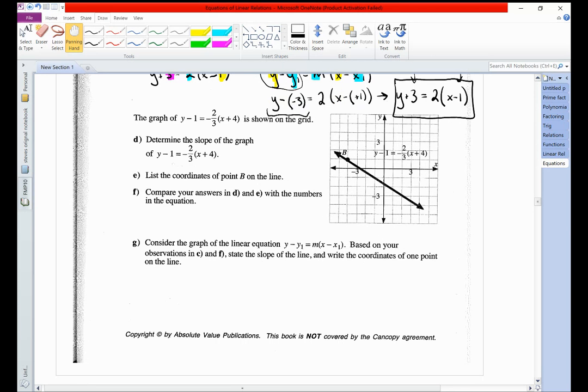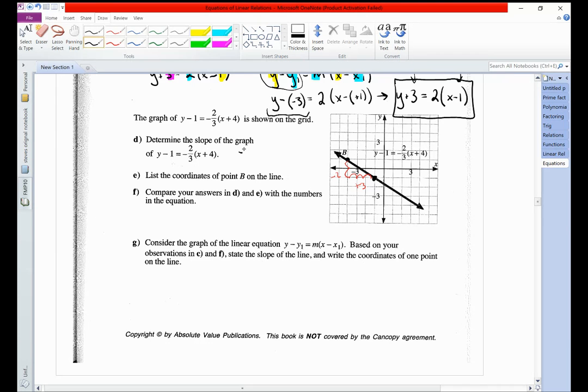The graph of y minus 1 is equal to negative 2 over 3 times x plus 4 is shown on the grid. Determine the slope of the graph. They give us point B. It looks like we can use this point right here to find our slope. The slope is going to be negative 2 for our rise and positive 3 for our run.